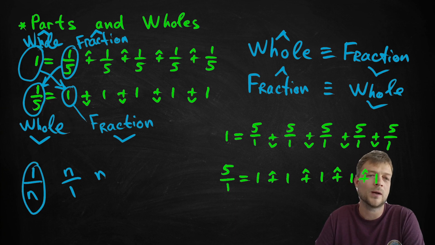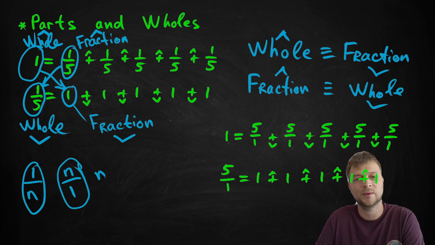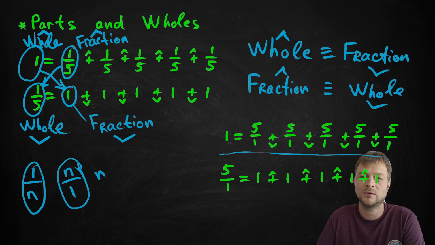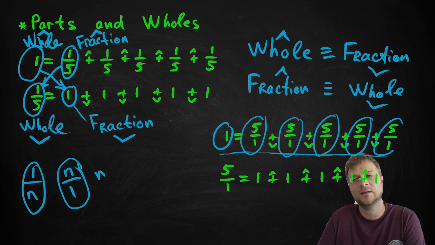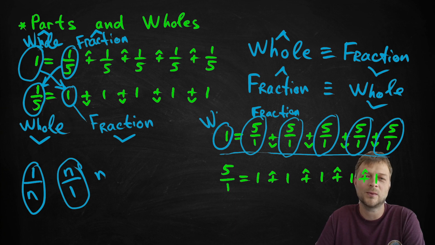So we call 1 over n a fraction, so this has to be n over 1, and this is clearly visible in this first equation. So if we consider the dual addition operation, then 1 will consist of these 5s, right? So it means that 5 over 1 is a fraction of 1, and 1 is a whole here, but it is a dual whole.